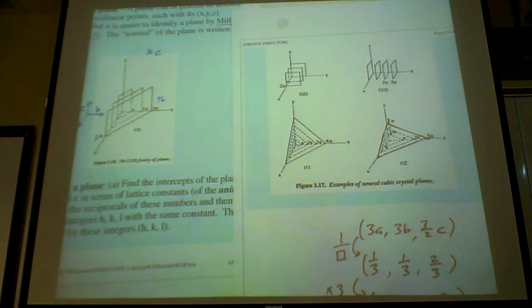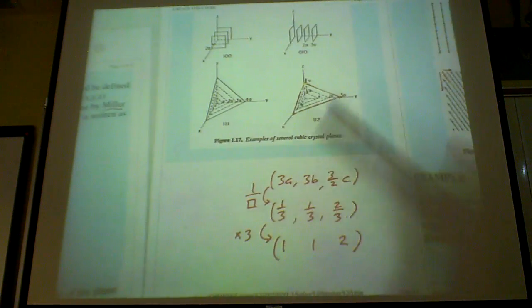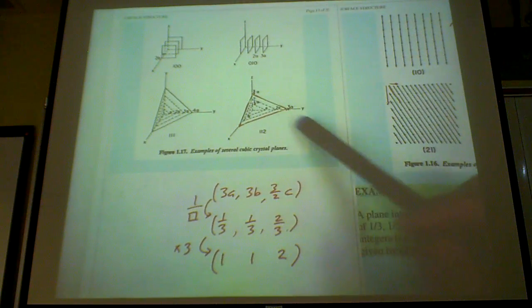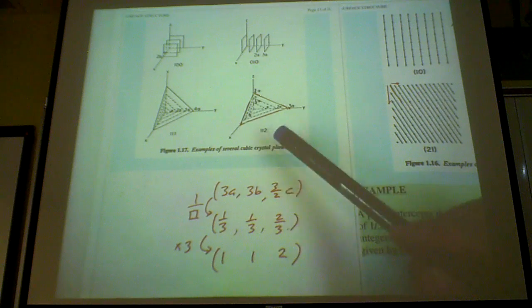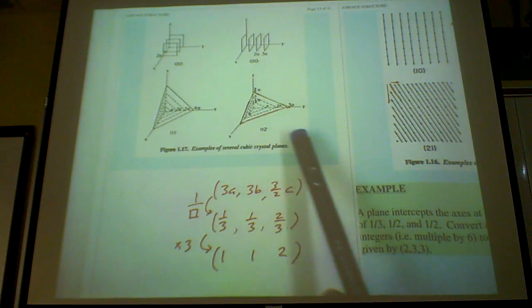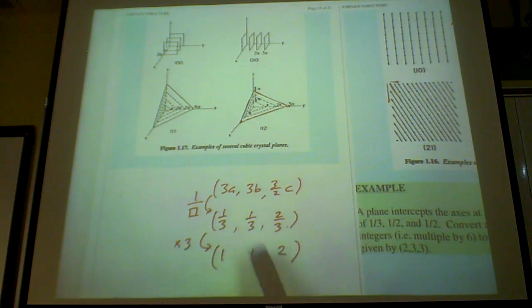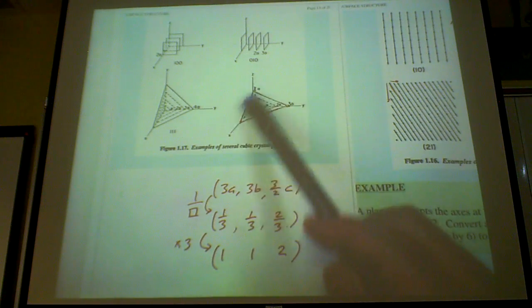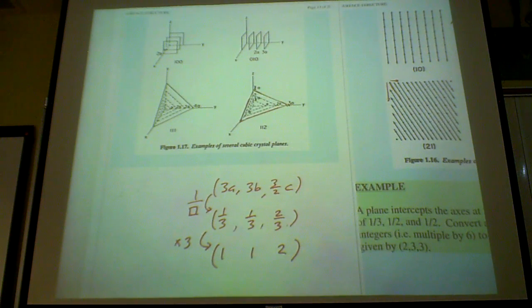It will be confusing to talk like this. Now let's look at this one. It's really quite simple. For the first step, I find the intercepts of this plane, highlighted. It intercepts at 3A.